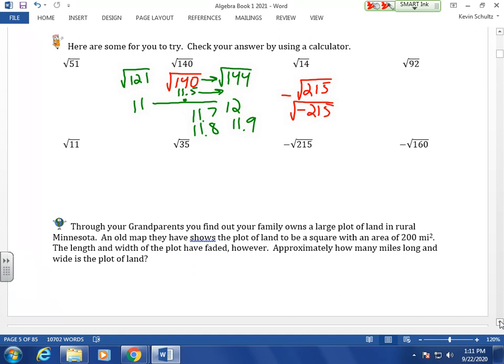Negative root 215, what you have written, you can do that. In fact, the process to estimate it doesn't change, except that when you're all done, your answer is just going to be negative, right? With the negative sign inside the root, that's mathematically illegal to do until you're in Algebra 2. So you will learn about how to deal with the root of a negative number in Algebra 2.